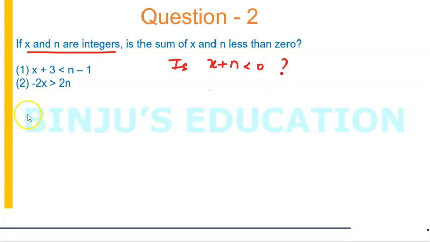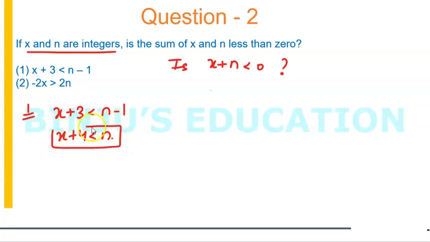Now let's see what statement 1 has to say. Statement 1 says x plus 3 is less than n minus 1, or you can say that x plus 4 is less than n. So do I have any conclusion regarding whether x plus n is less than 0 or not? I don't know anything about x and n apart from the fact that they are integers. For example, suppose x is equal to 0, so in that case n will be greater than 4.